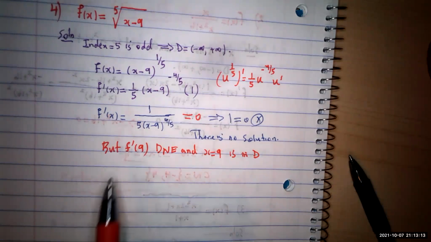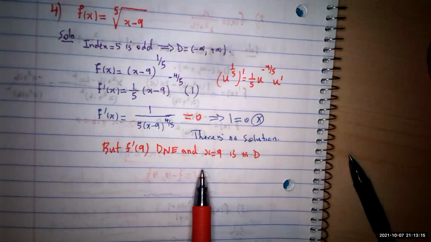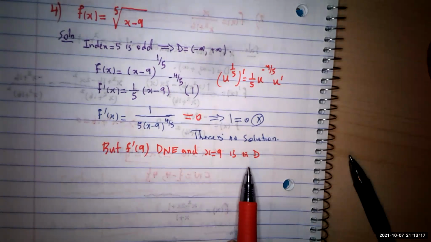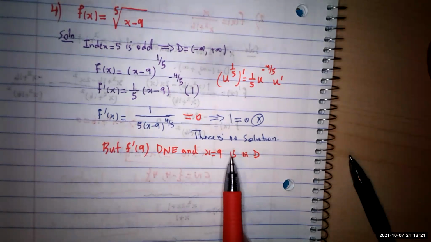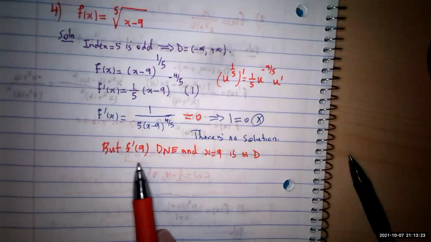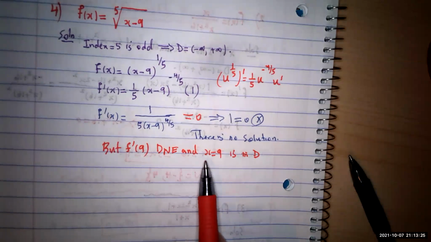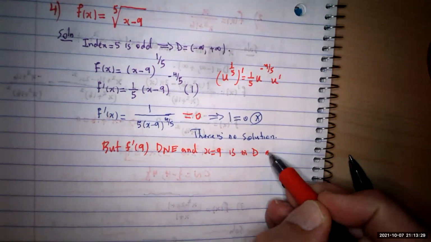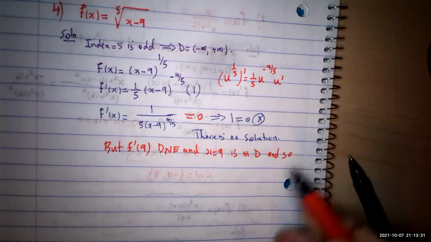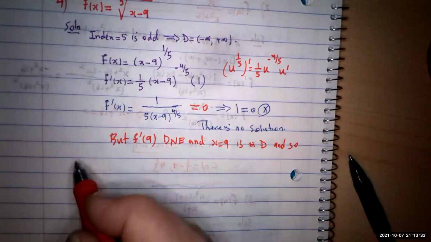But f prime of 9 does not exist, and x equal to 9 is in the domain of the function. That was the second part of the definition of a critical value. You say f prime of 9 does not exist, x equal to 9 is in the domain of the function, and so it is a critical number.